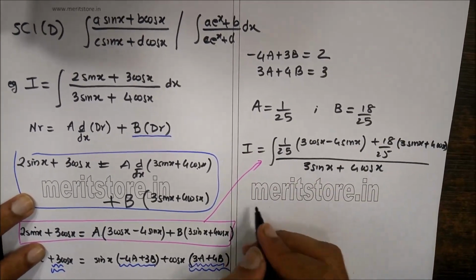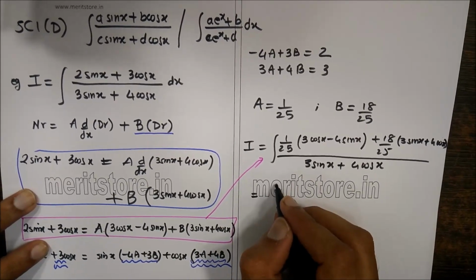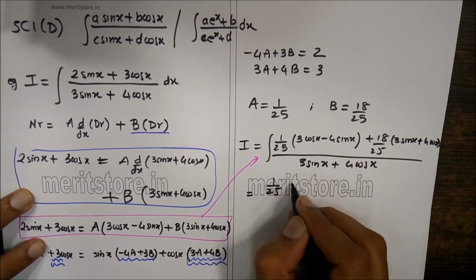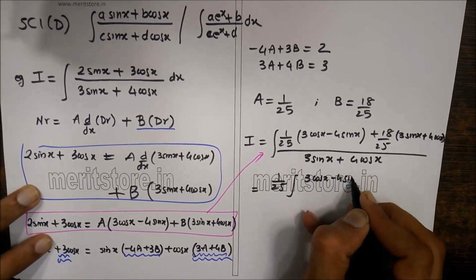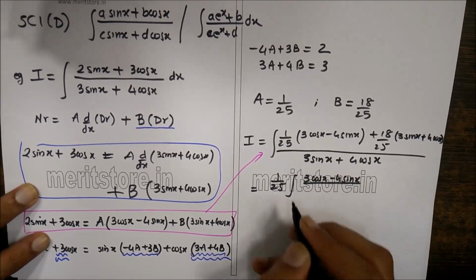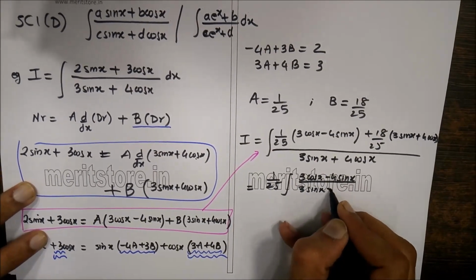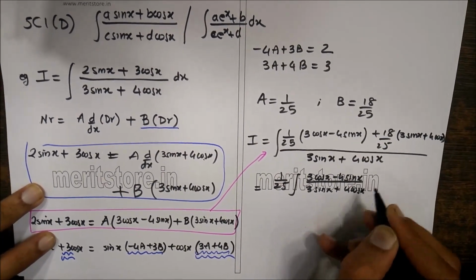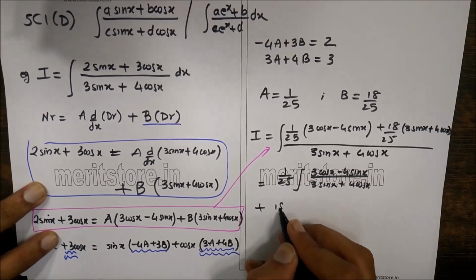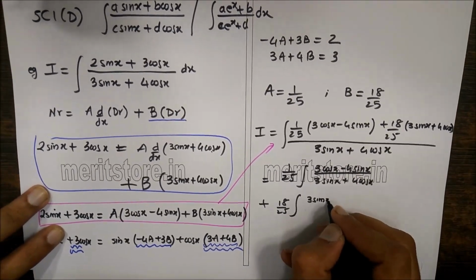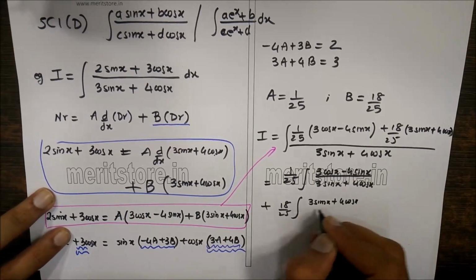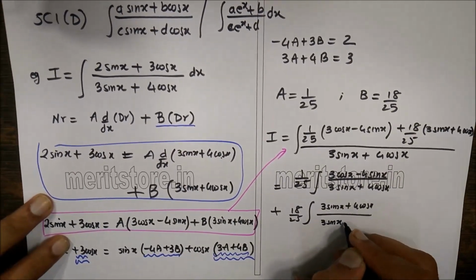Now we'll split the two integrals. The first integral would be 1 upon 25 integral of 3 cos x minus 4 sin x upon 3 sin x plus 4 cos x. The other term plus 18 upon 25 of 3 sin x plus 4 cos x upon 3 sin x plus 4 cos x.